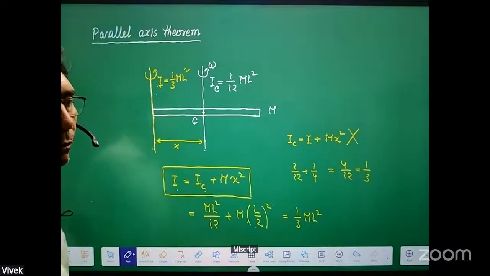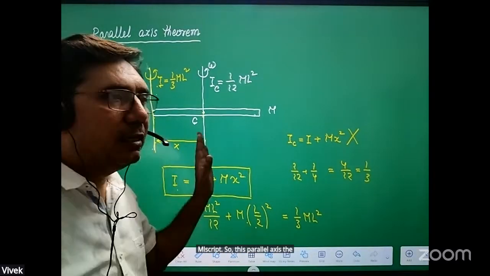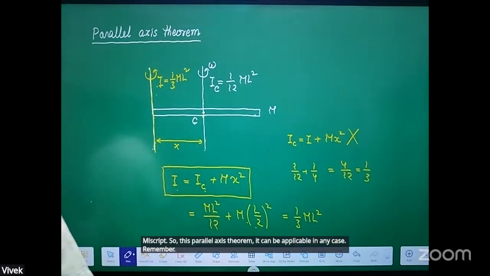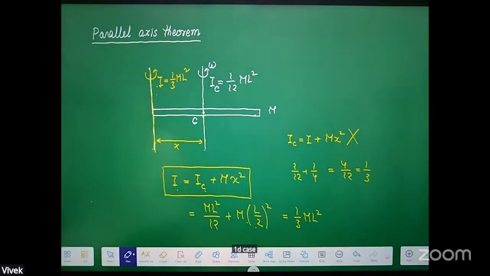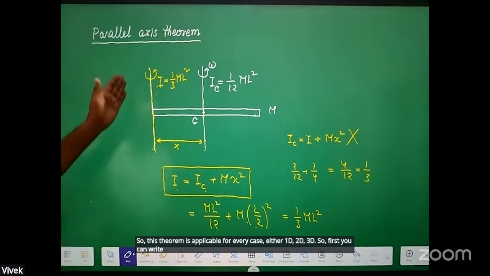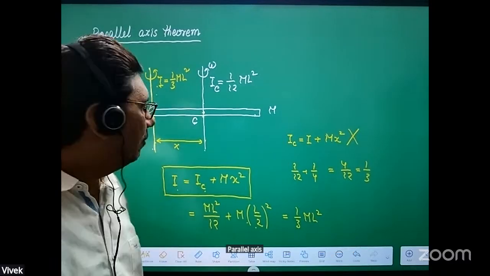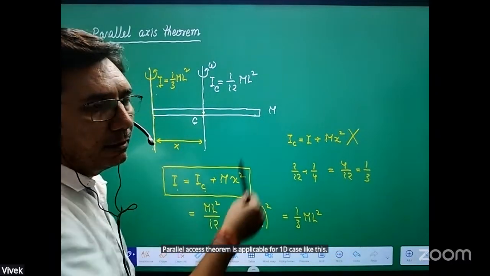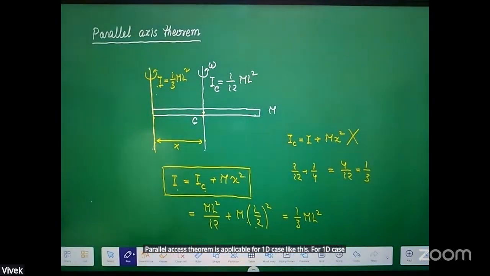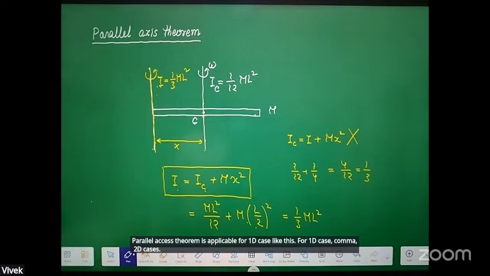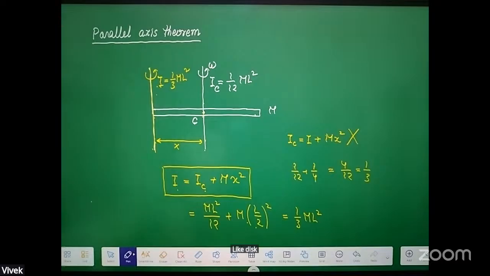So this parallel axis theorem can be applicable in any case. Remember this, it is always applicable. 1D case, 2D case, 3D case, in all the cases this is applicable. So first you can write: parallel axis theorem is applicable for 1D case like this, 2D cases like a disk, or 3D cases, three-dimensional cases like a sphere or something.